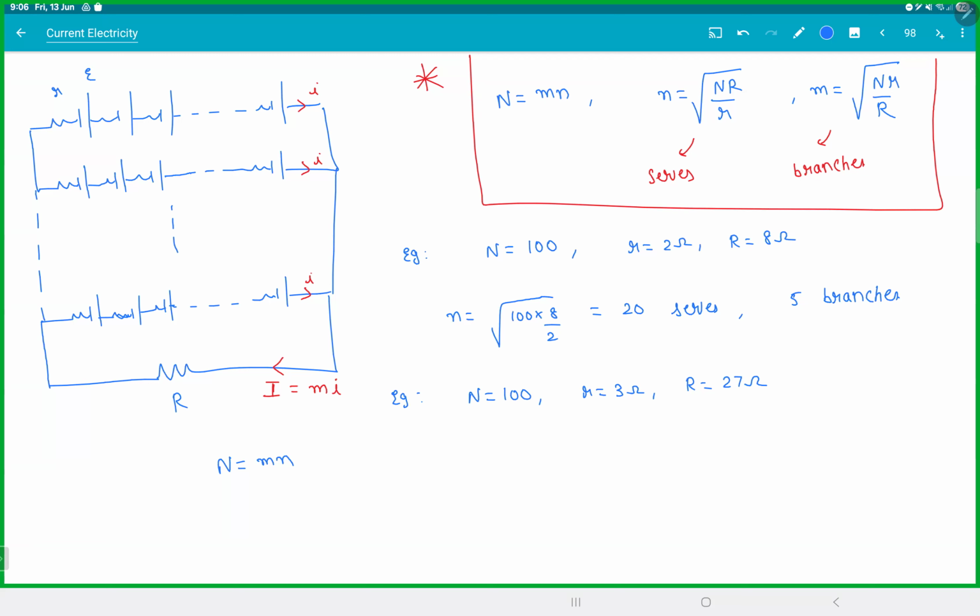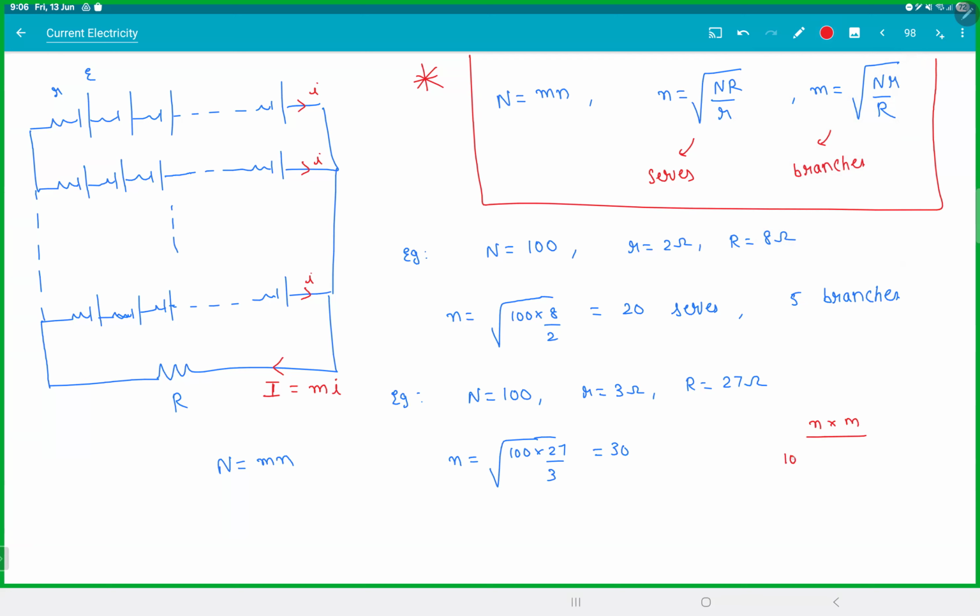Right, Vihan. Nice, you have a better version. See, when you do this, you will end up with n is equal to root over 100 times 27 by 3. You end up with 30. This doesn't make sense. If you have 30, then the branches will be 3.33, and you can't have 3.33 branches. So then you need to see, for these 100 batteries, if you see n into m, what are all the possible combinations you can have?